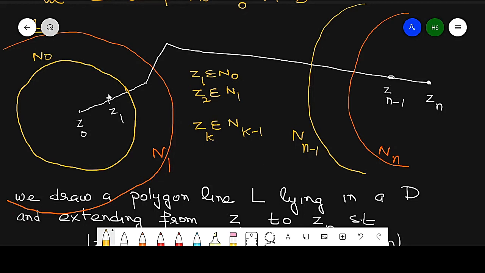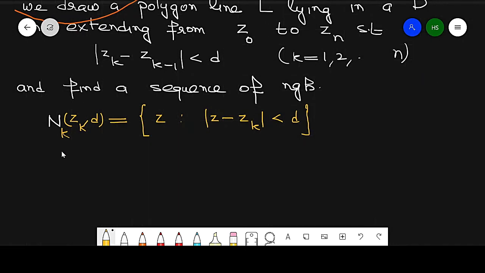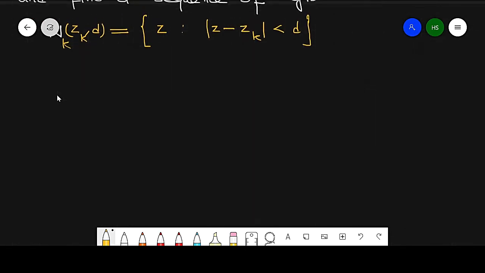Now we will apply the previous lemma. By the previous lemma, f of z1 is equal to f of z0, because f(z) has maximum value at z0. So we will apply the previous lemma at each place.